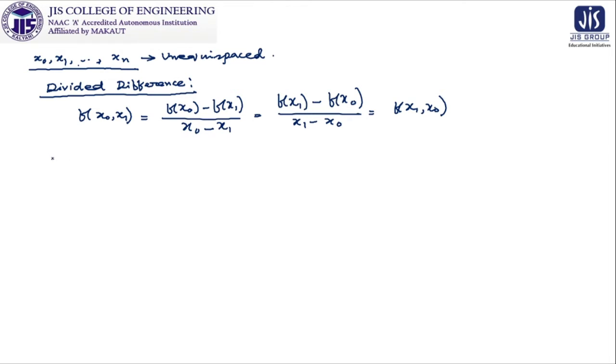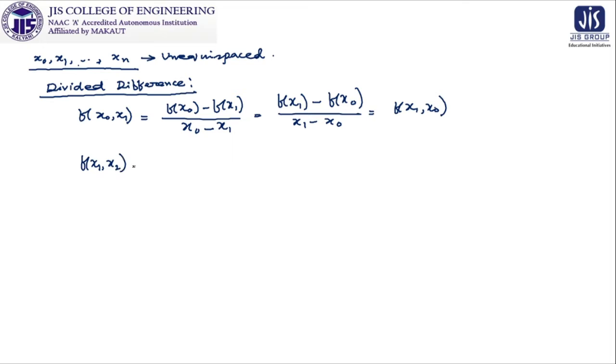Similarly, instead of 2 points, if we have 3 points, we can write f of x0, x1 and x2. But before that, I just want to introduce the next pair, that is x1, x2.